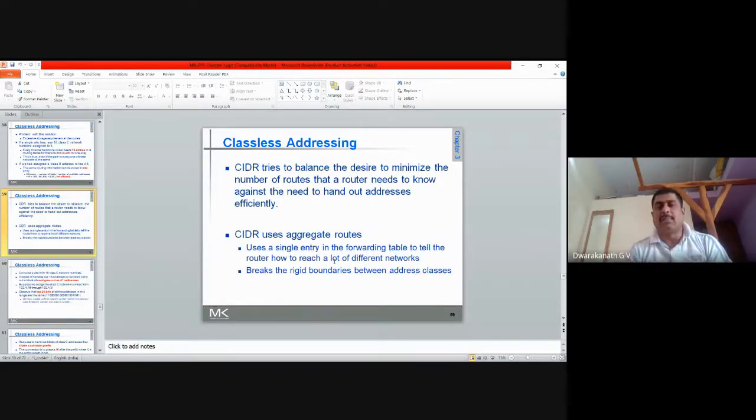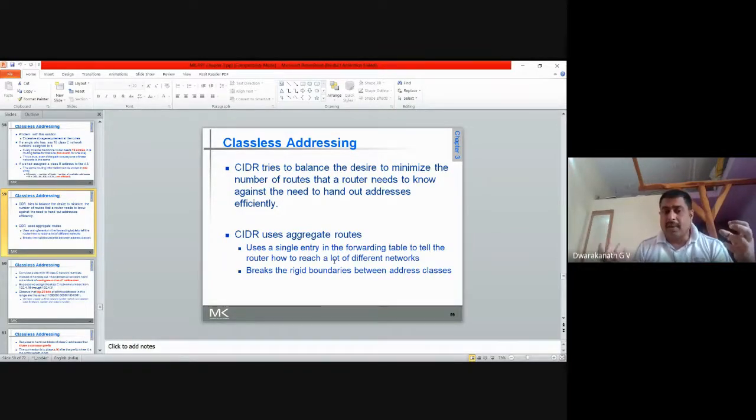Assume, for example, one router is there of BMSIT. The router should know each and every department, for example, IS, CS, MCA, mechanical, civil, like this, assume 16 branches are there, just an assumption. That means our router should know all 16 branches' routes and their information.